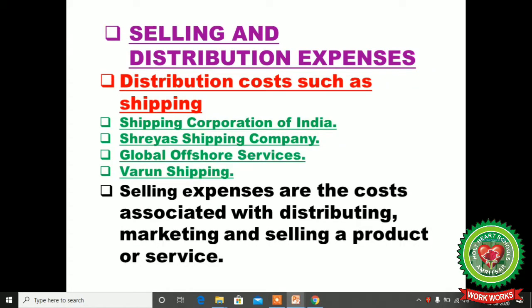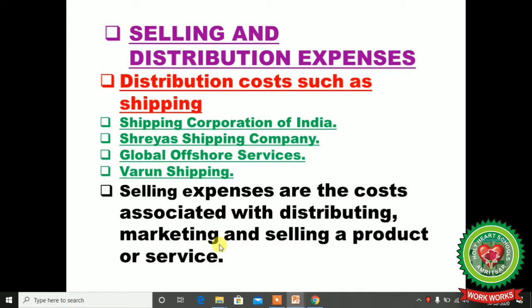Next, selling and distribution expenses, like shipping. A number of companies provide shipping services, like the Shipping Corporation of India, Shreyas Shipping Company, Global Offshore Services, World Shipping. So selling expenses are the costs associated with distributing, marketing and selling a product or service.